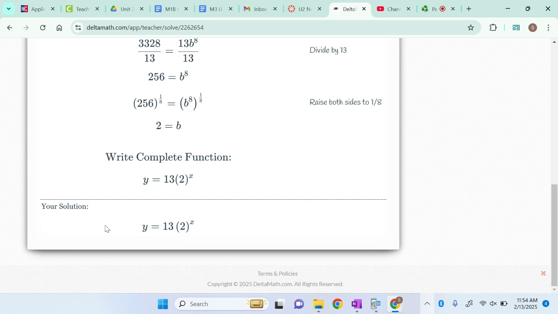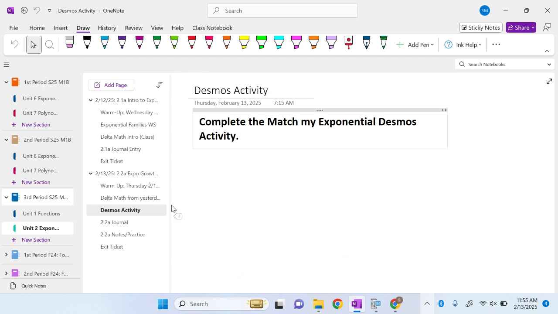All right, the next thing that we're going to do is I'm going to have you work through a Desmos Classroom activity. You are going to log on to Desmos Classroom and click on the one called Match My Exponential. I'll give you about 15 to 20 minutes to work through it.